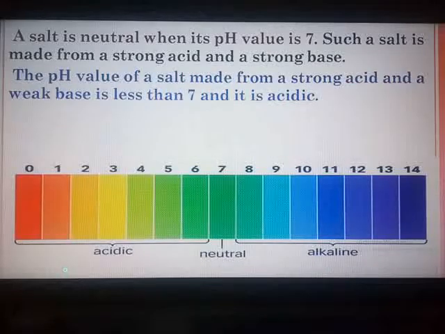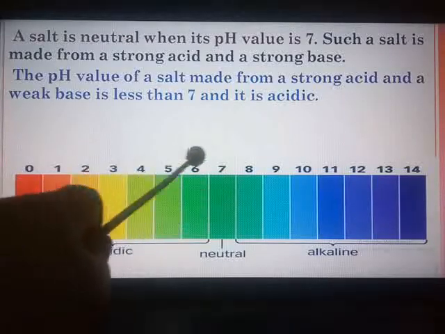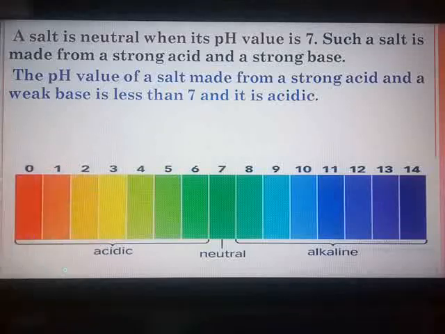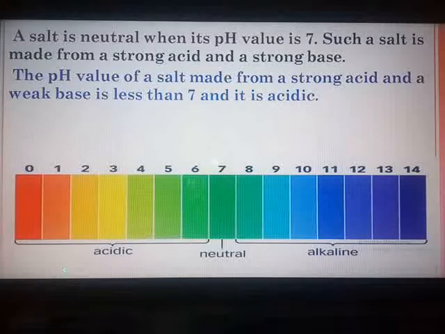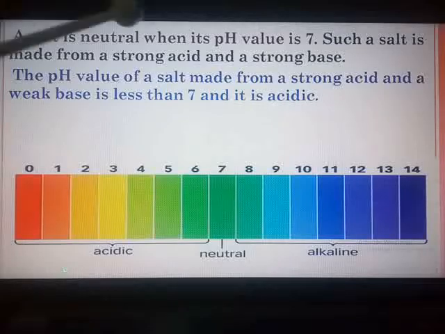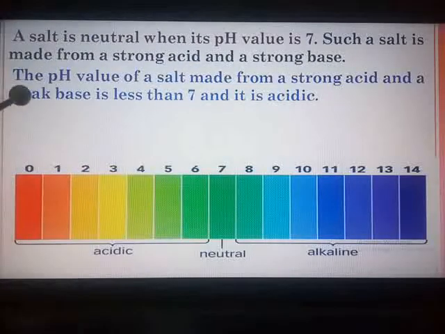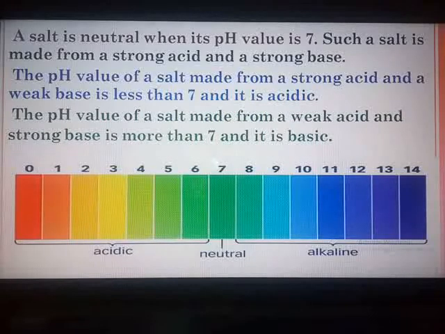Next is acidic salts. When you see that the pH value of a salt is less than 7, that is between 0 to 6, then we can say that the salt is acidic in nature, and such a salt is made from a strong acid and a weak base. And the third is basic salt.